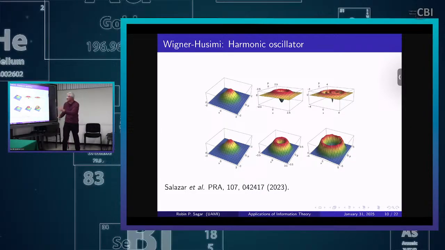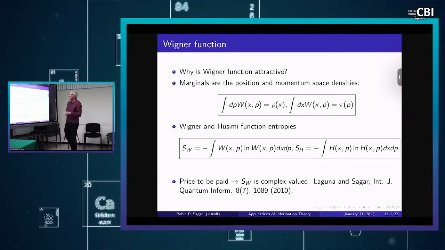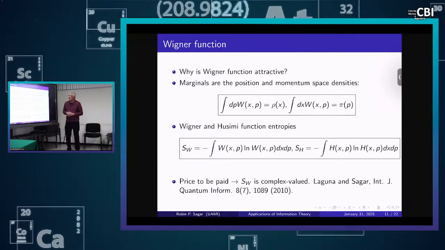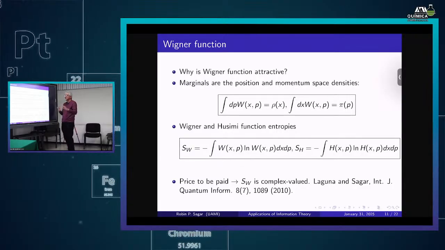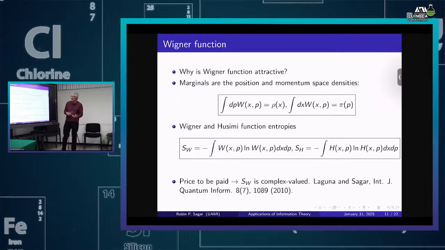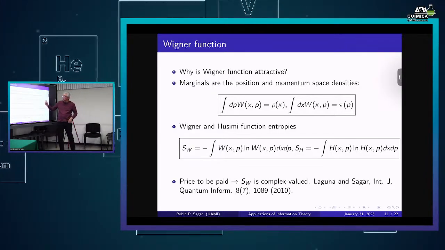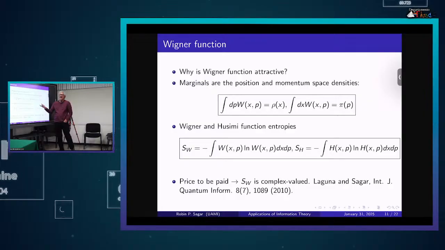So please, Ernesto. Now, why is the Wigner function attractive? It's attractive because of its marginals: you take the Wigner function and integrate over one of the variables, and you get the density in the other representation.